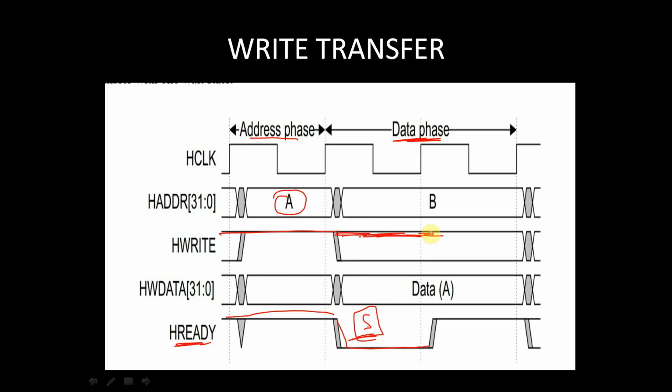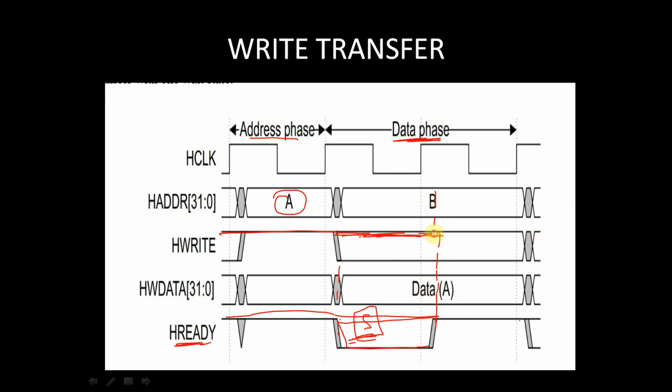So here we can see HREADY is low up to this cycle. So the slave is not ready for transfer up to this cycle. So the address phase will also be extended until HREADY becomes high.